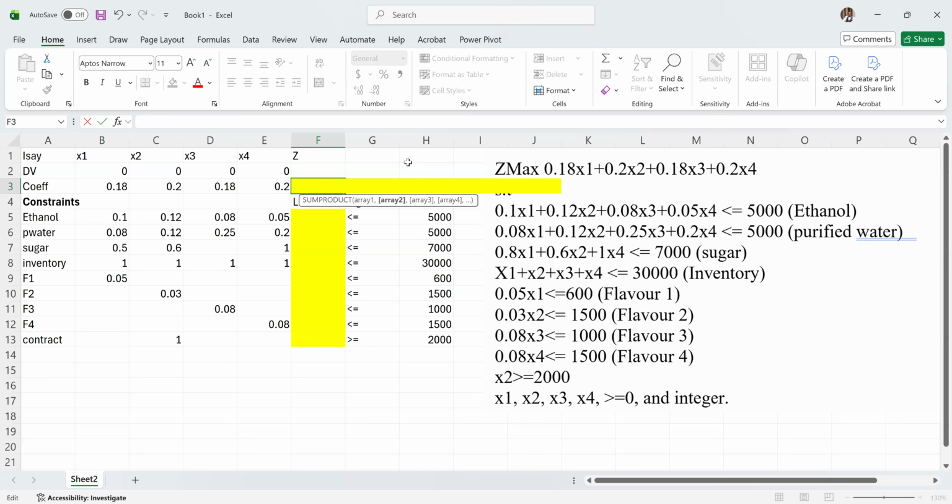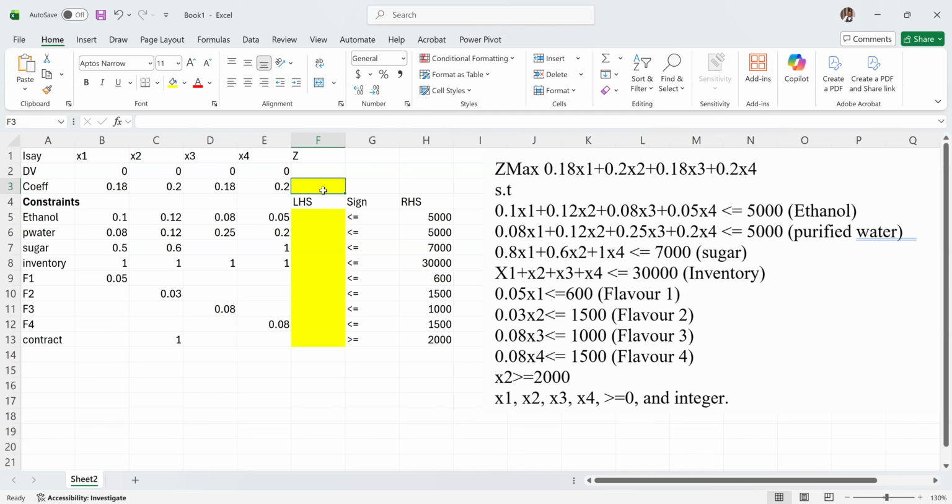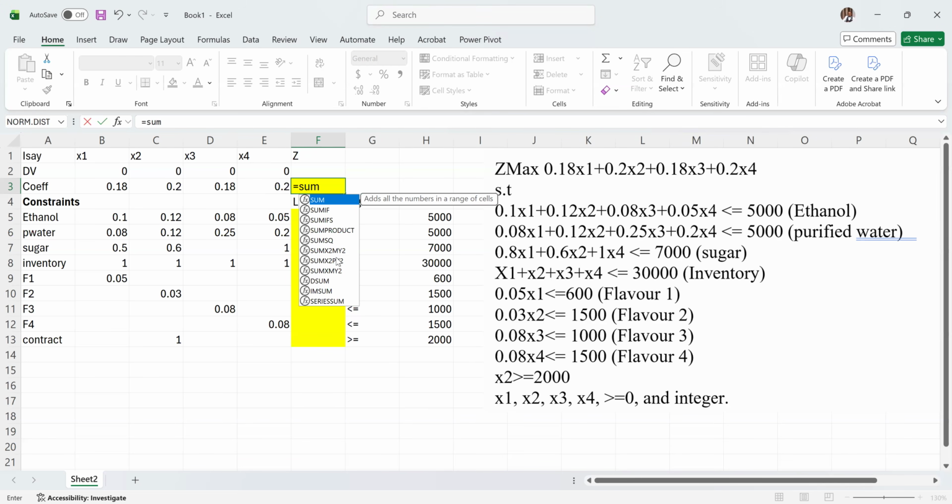So now what you do is you press your equal to symbol like this. You do your sum product. You double click it when it comes.